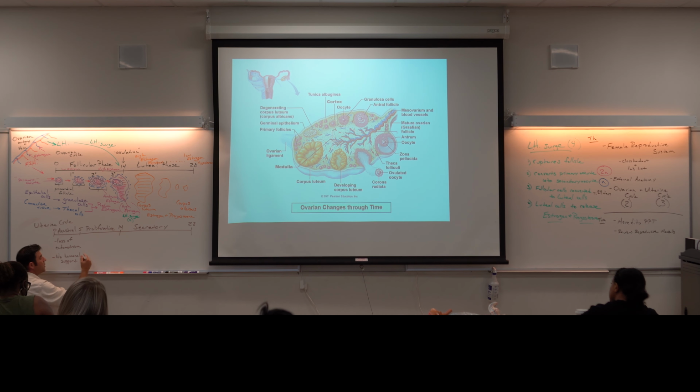So the proliferative phase doesn't have 0 hormonal support. Instead, we're going to see rising estrogen levels. Rising estrogen is going to cause the regrowing of that functional layer of endometrium.